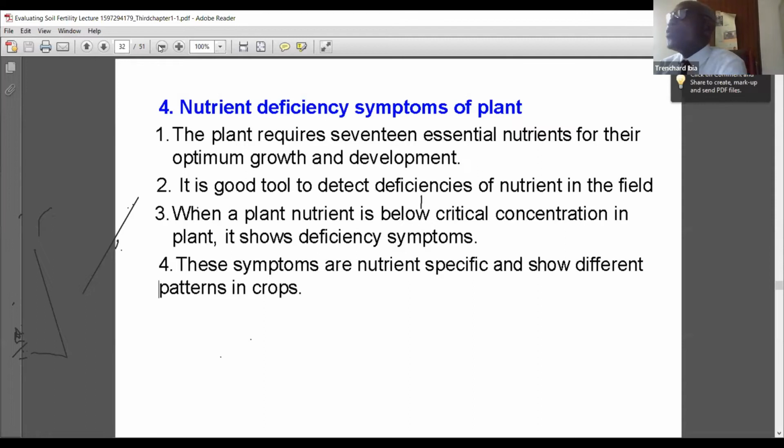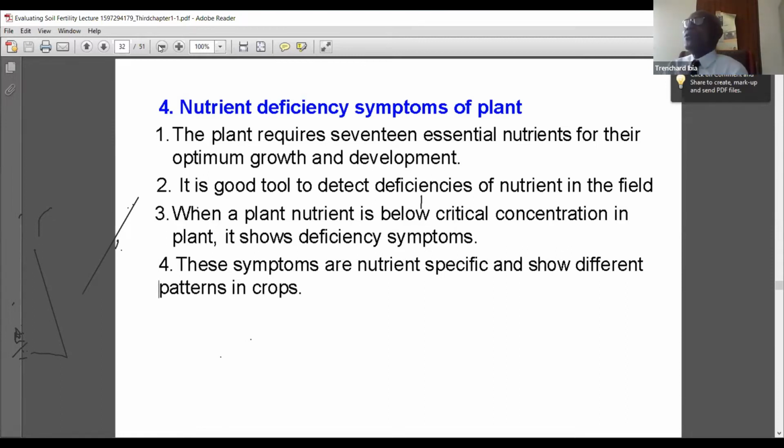It is a good tool to detect deficiencies of nutrients in the field. When the plant nutrient is below critical concentration in the plant, it shows deficiency symptoms. These symptoms are nutrient specific and show different patterns in crops. You need to be very well trained to do this.